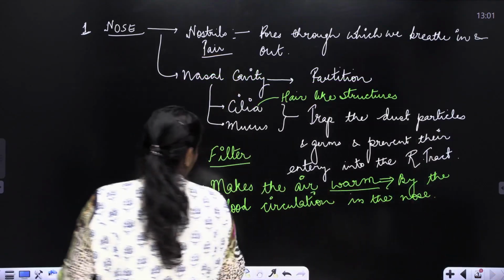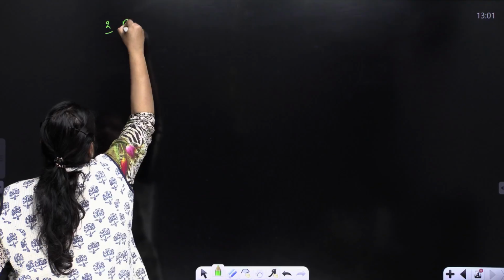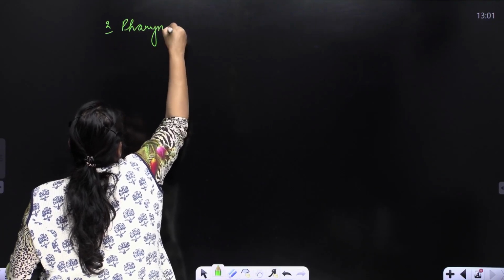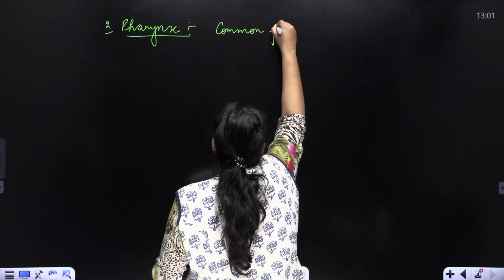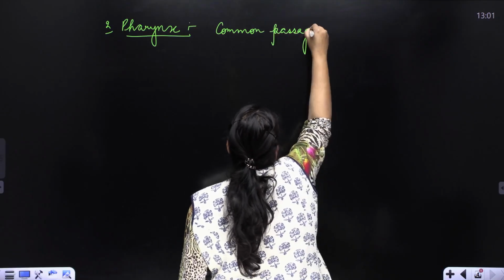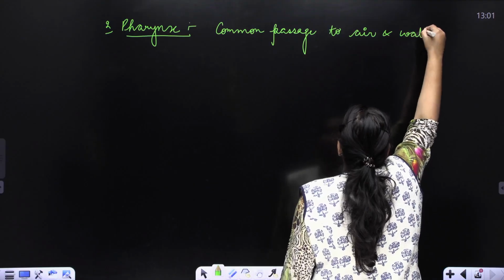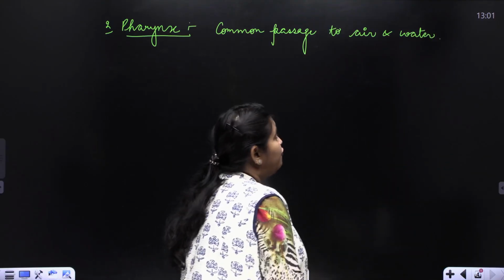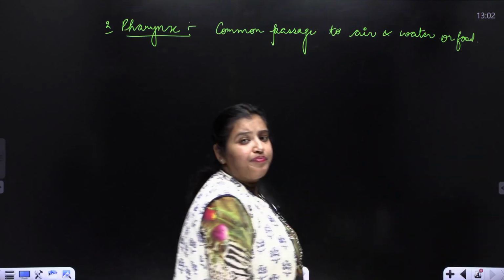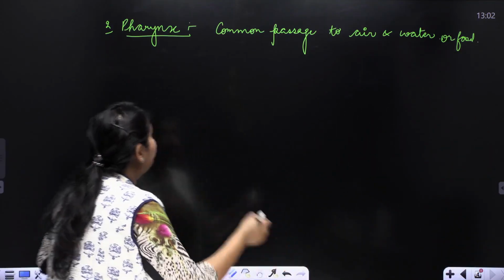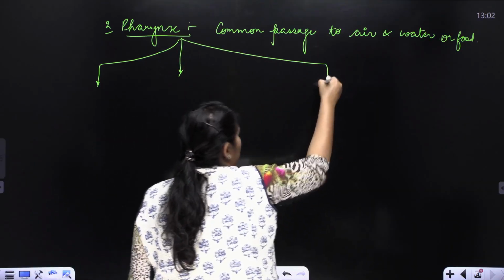What is pharynx? So, this is nose. Then, the second part is pharynx. Pharynx is a common passage to air and water or food. All right. So pharynx is a common passage. Now pharynx is divided into three on the basis of the location.